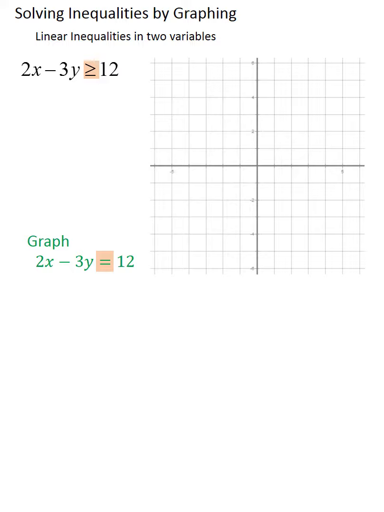So the question is, are your line graphing skills good enough to follow the rest of this video? Because this video assumes that you have some decent command over graphing straight lines.